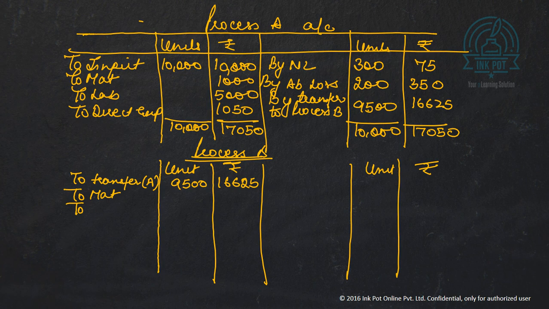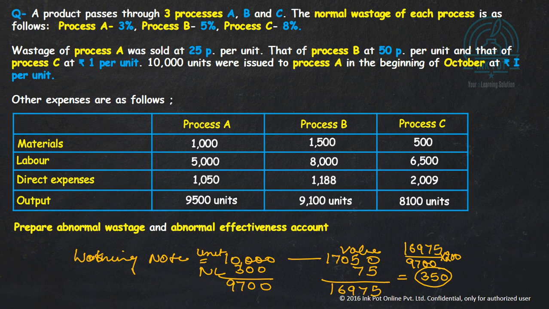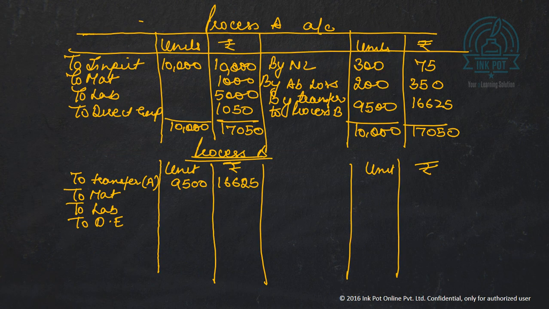The value of material here is 1500, labor 8000, and direct expenses 1188. It was 1188, right? So this is the value.